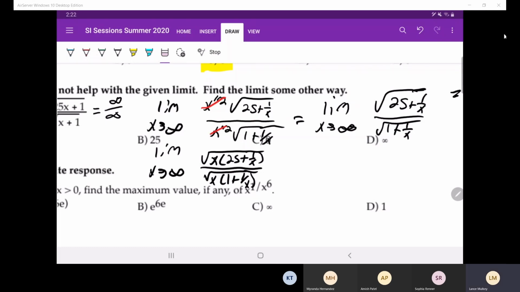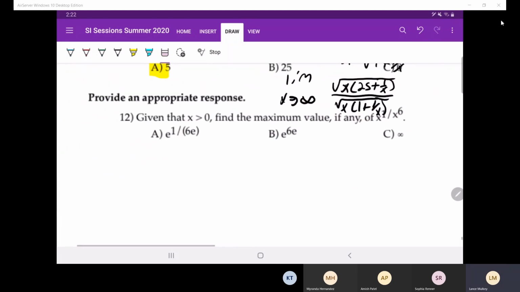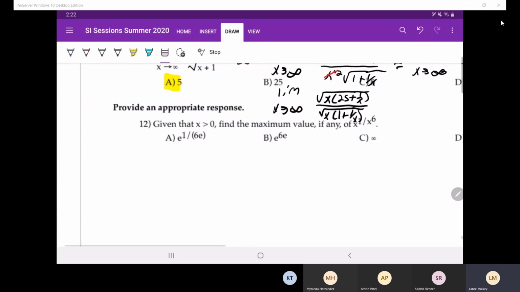All right, we got one more. Given that x is greater than 0, find the maximum value of x, if any.